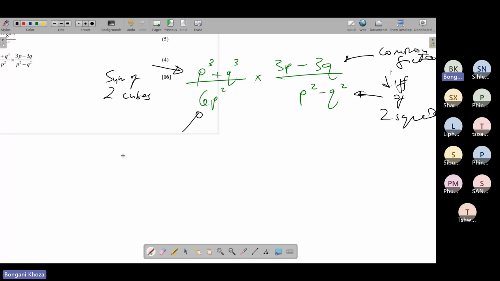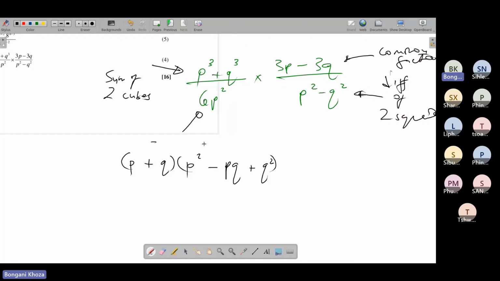So here, sum of 2 cubes, remember, small bracket and a bigger bracket. The small bracket, you just have it like this. Bigger bracket, you have that. You have this times that, pq, and you have this squared. And then signs, if you had a plus, it's going to be plus, minus, plus. If you had a minus, it's going to be minus, plus, plus.